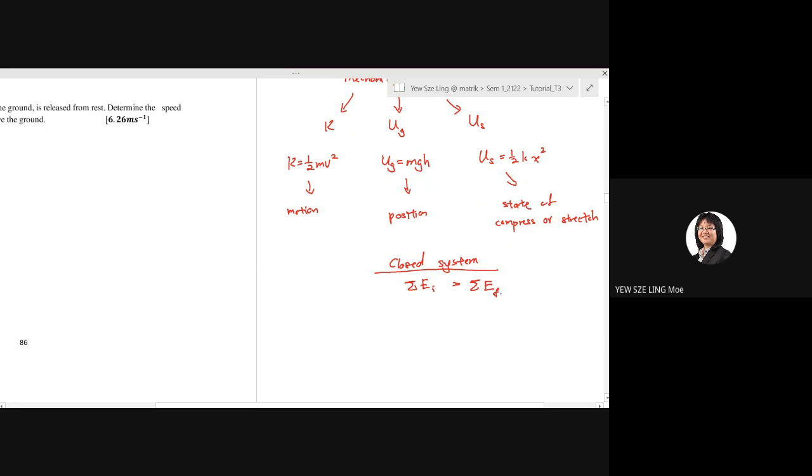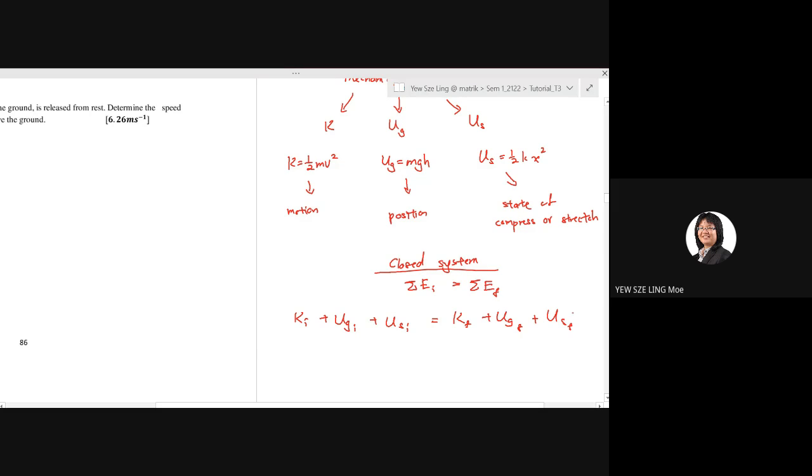Before and after is the same, or throughout the system. It doesn't matter which positions, which locations that you are looking at. So we can then say K initial plus UG initial plus US initial of the system is equal to K final plus UG final plus US final of the system.